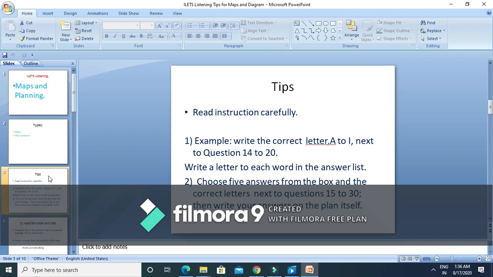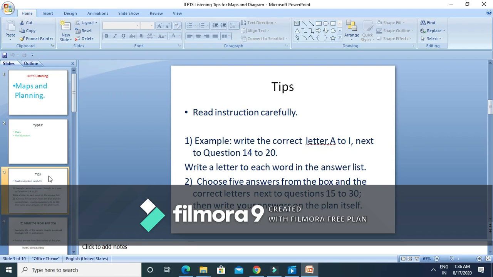Similarly, there may be a second sort of question: choose 5 answers from the box and write the correct letters next to questions 15 to 30. That means you need to write answers in the plan itself, because here you need to choose a word. Here you cannot write A, B, or C. Here you have to write a proper word in the given blank.